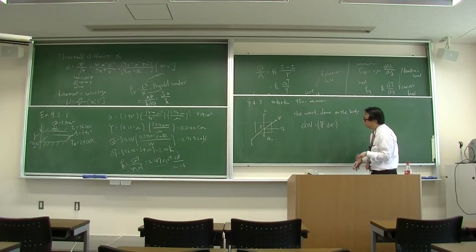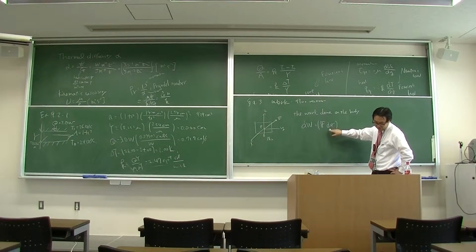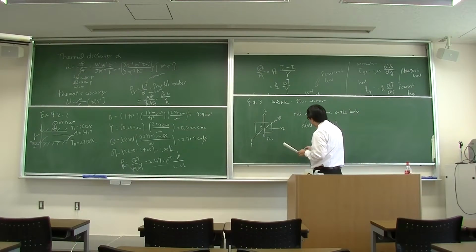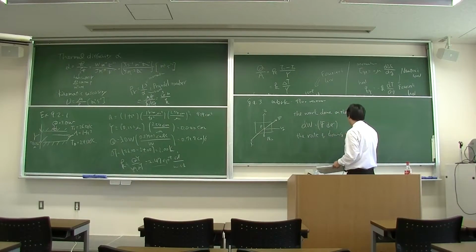The magnitude of the work could be explained as the product of the force and displacement. So we can derive the rate of doing work like this.